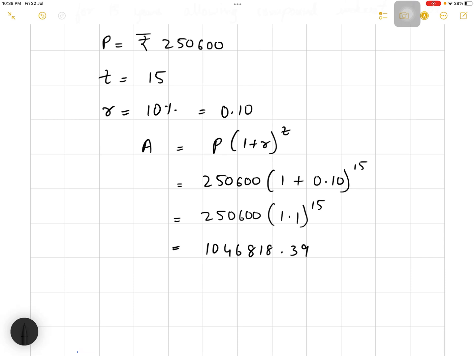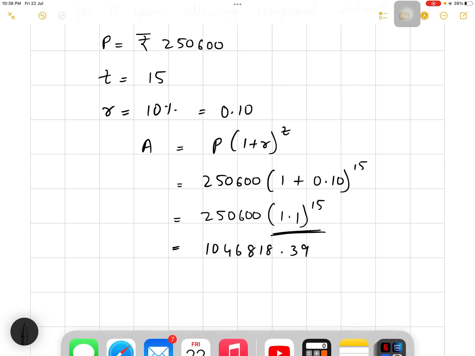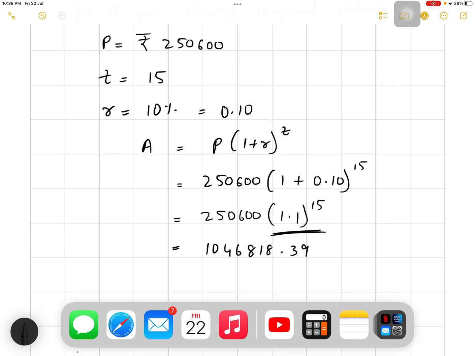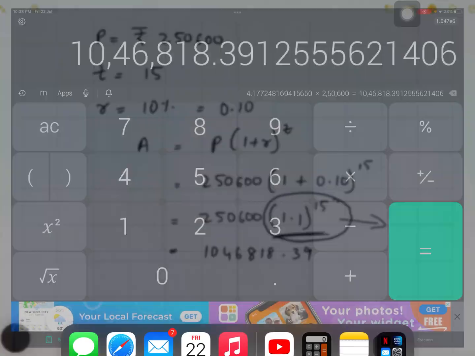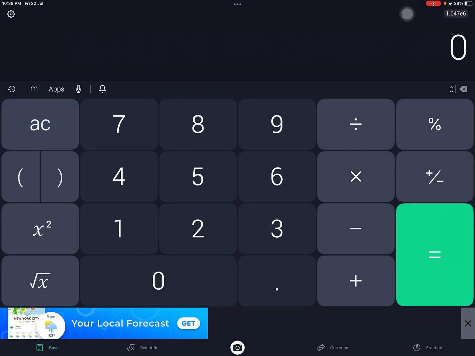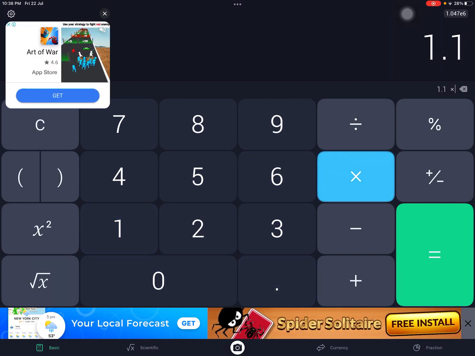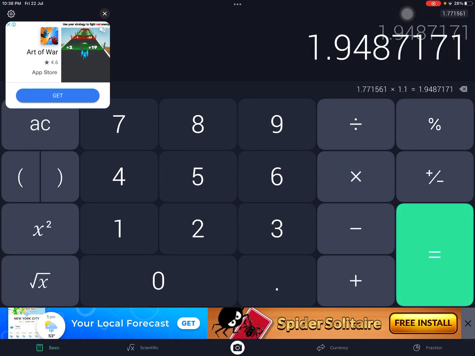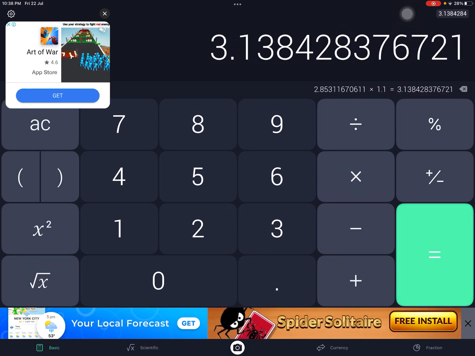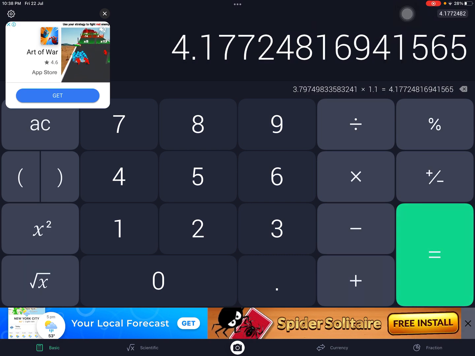Let's keep only 4 decimals for 1.1 raised to 15 and check the answer, and see how much is the difference. Okay, so 1.1 into 2, 3, 4, 5, 6, 7, 8, 9, 10, 11, 12, 13, 14, 15.